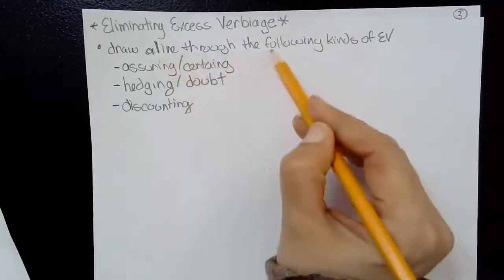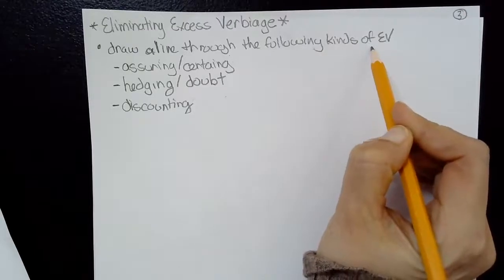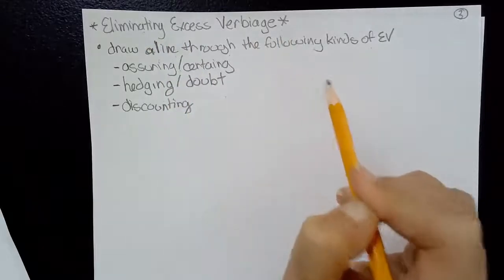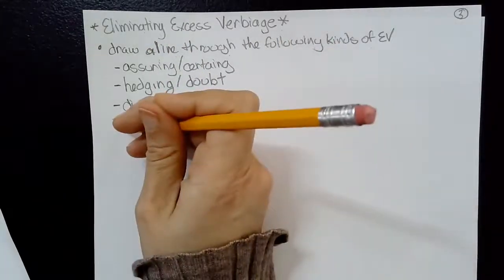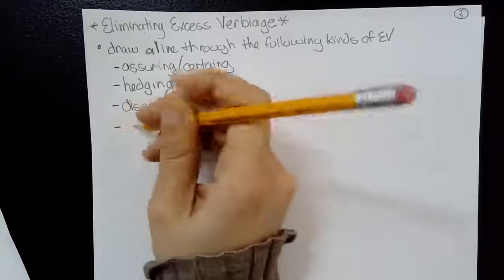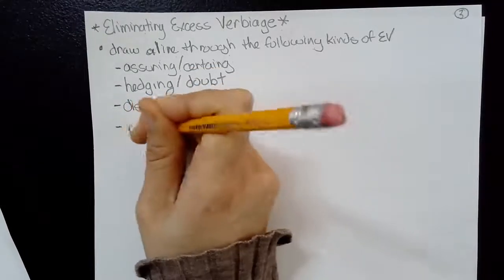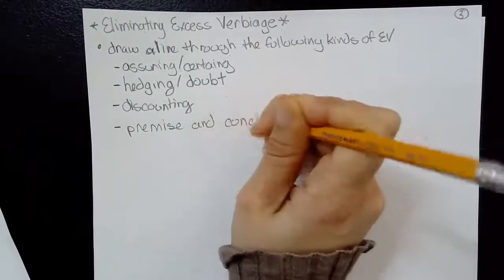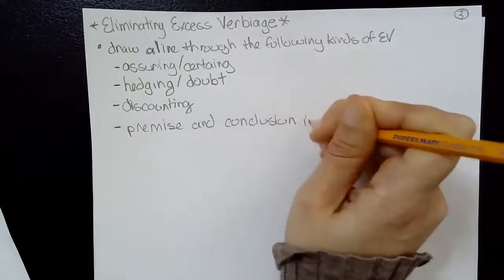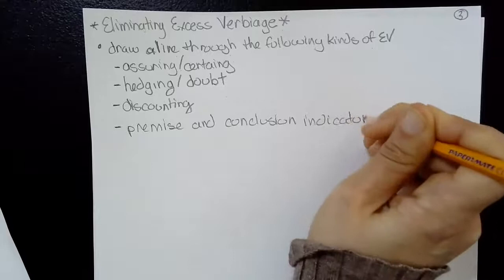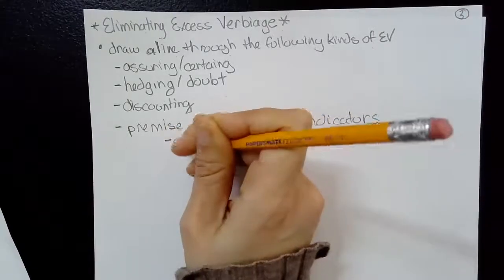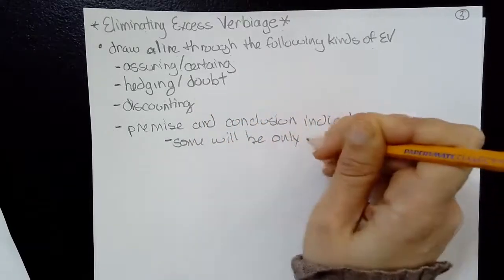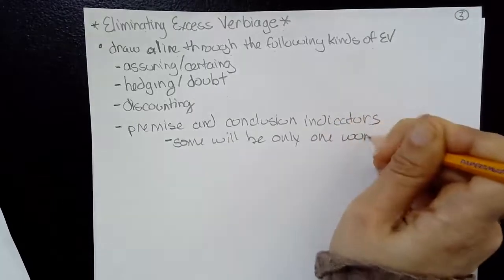And the line through a word, a phrase, or a sentence, because an entire sentence can be one of these, will mean that that's excess verbiage. So a line through words means excess verbiage. Okay, so we're also going to draw a line through premise and conclusion indicators. Okay, now sometimes some will be only one word long.